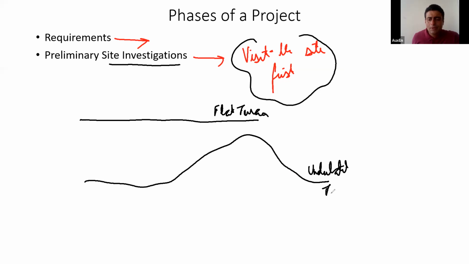So do you think that your architectural planning may be different for this flat terrain and for this terrain having undulations? What do you think? For a flat terrain and for a terrain which has undulations, do you think that your planning may vary?